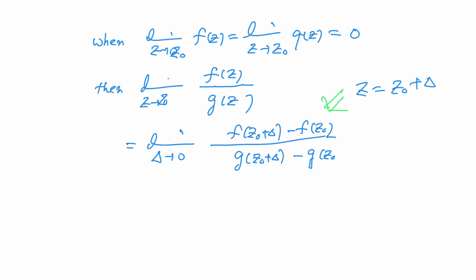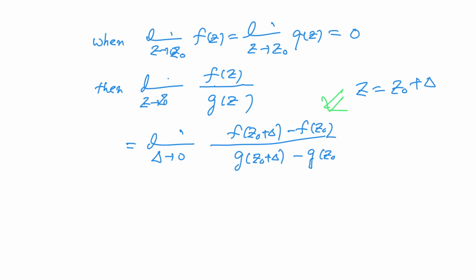So originally, we need to calculate this limit when z is approaching z naught, the ratio between f of z and g of z. But you can write down this limit in this way, assuming that z is z naught plus delta.